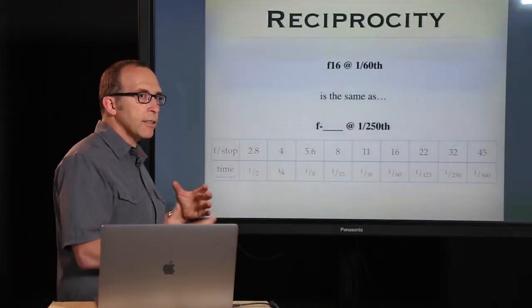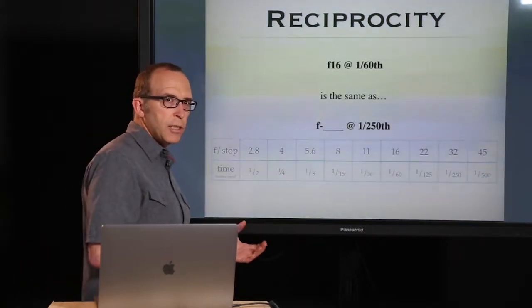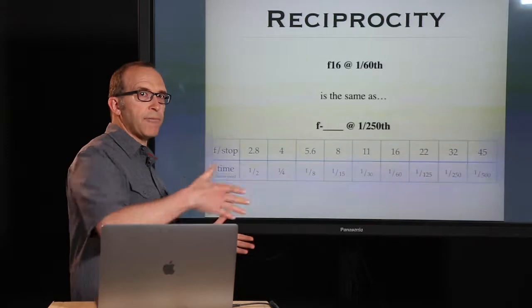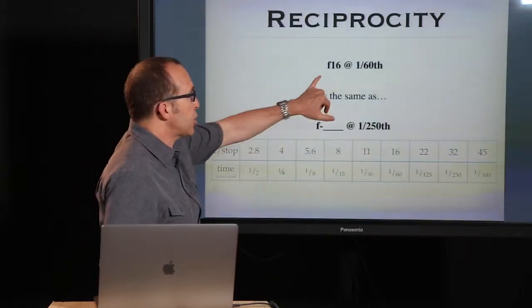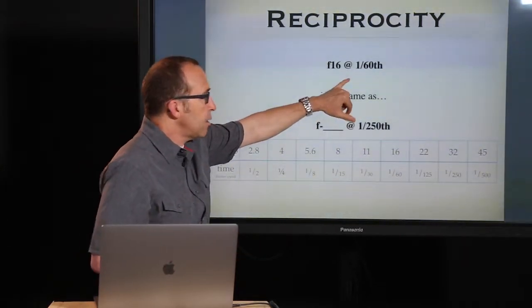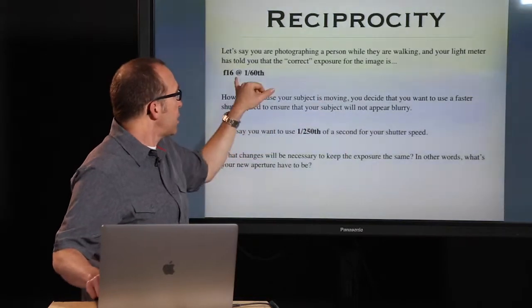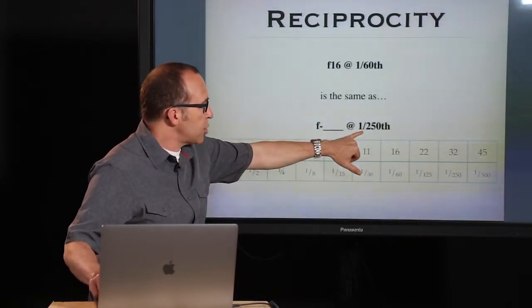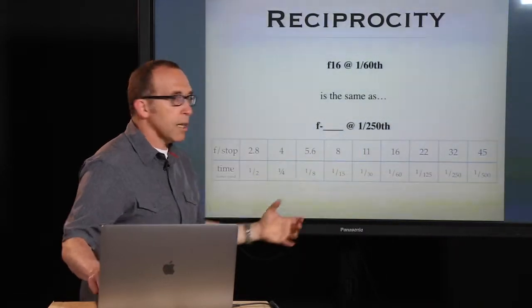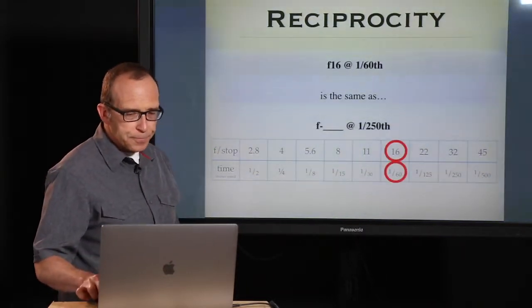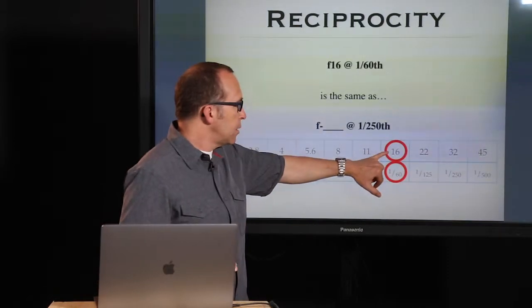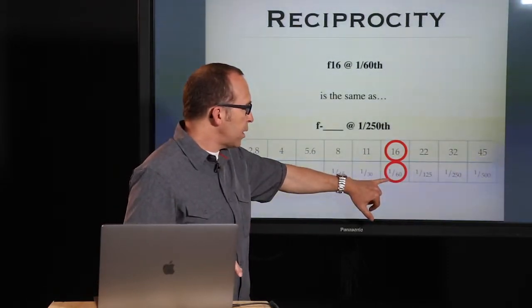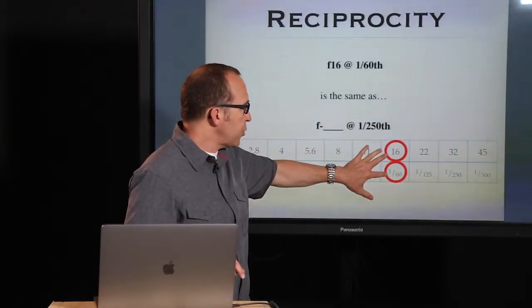So I've taken that question and turned it into the same format as our previous question. f16, 1/60th is what we started with, but we want to change it to 1/250th because we want to freeze the action. So f16, 1/60th. I've taken those values and moved them down there.